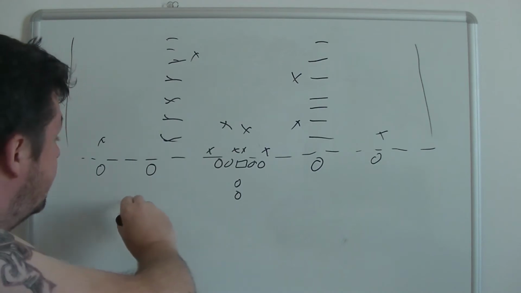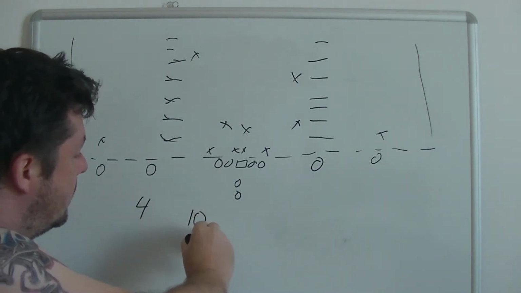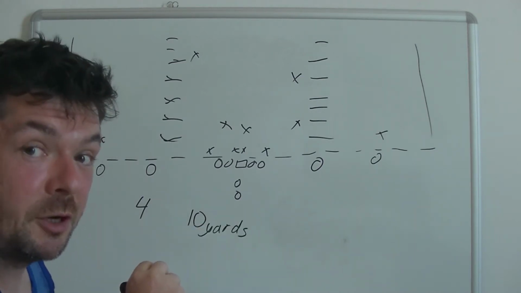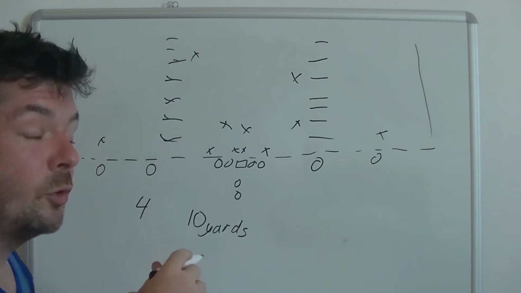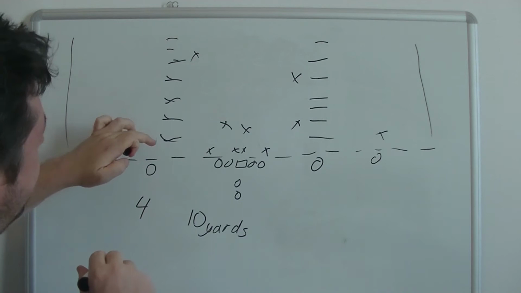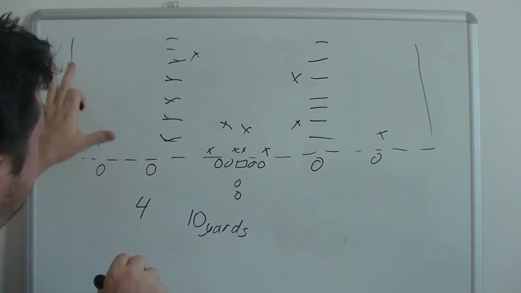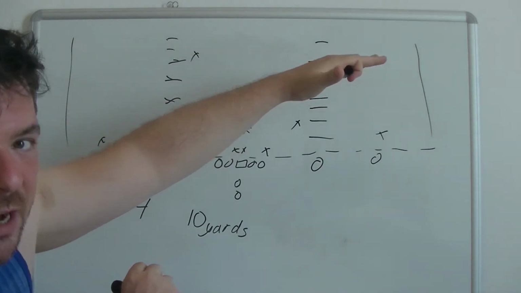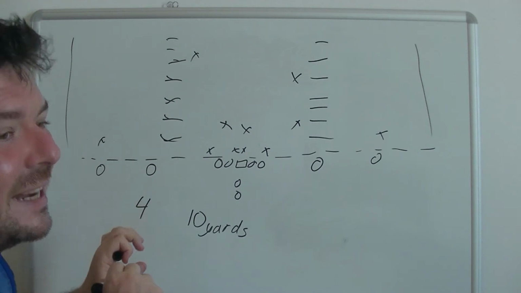The offense has 4 chances to get 10 yards. Now, for those of you here in Europe that don't understand the imperial system with yards, guess what? We're basically looking at 10 meters. Now, to figure that one out, that is 10 of these little marks. There's bigger lines that mark every 5, and then numbers which mark 10s.